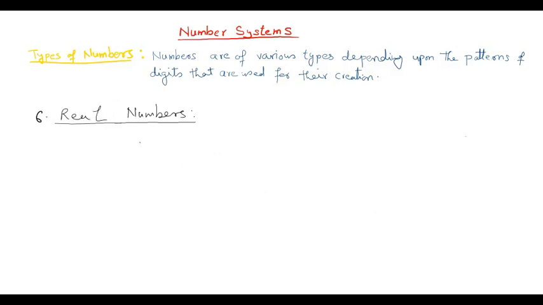So next one is the real numbers or वास्तविक संख्याएं. Real numbers are the collection of all rational numbers and irrational numbers, and it is denoted by the symbol capital R. So here we have seen that all the rational numbers can be represented on the number line.